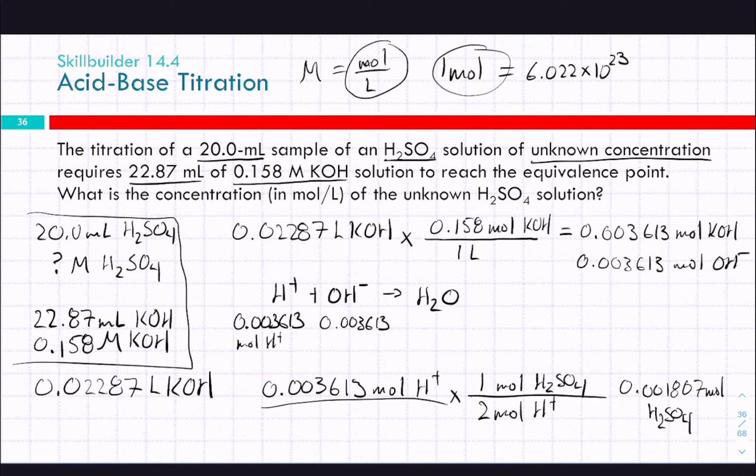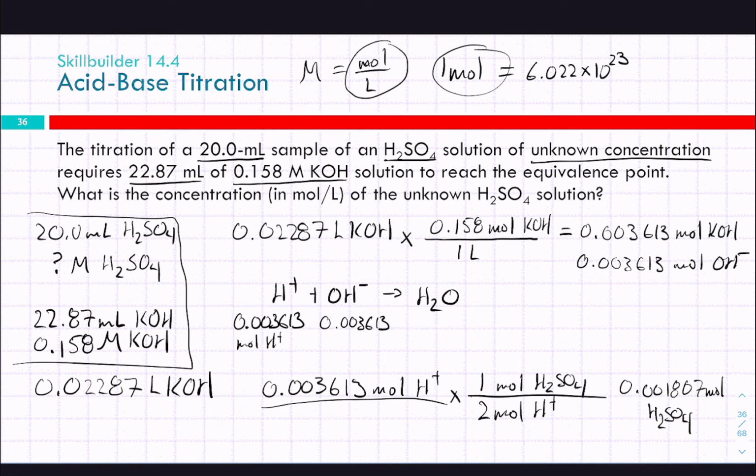So then what is the concentration of our H2SO4 solution? We just use molarity. Molarity is moles of something per liters of something. So we have moles of H2SO4, and we have milliliters of H2SO4. So I have to convert the milliliters to liters.